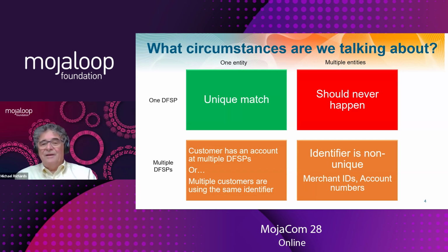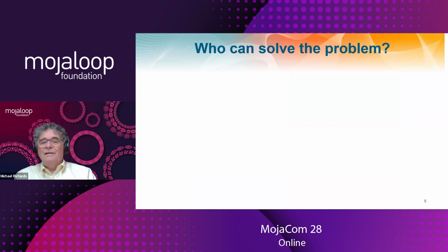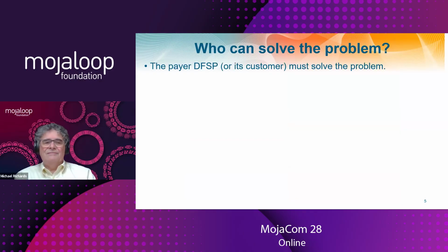Let me ask now, who can solve this problem? Now, my answer, though I'm happy to be corrected on this, is that it's got to be the payer's DFSP or the customer who solve this problem.